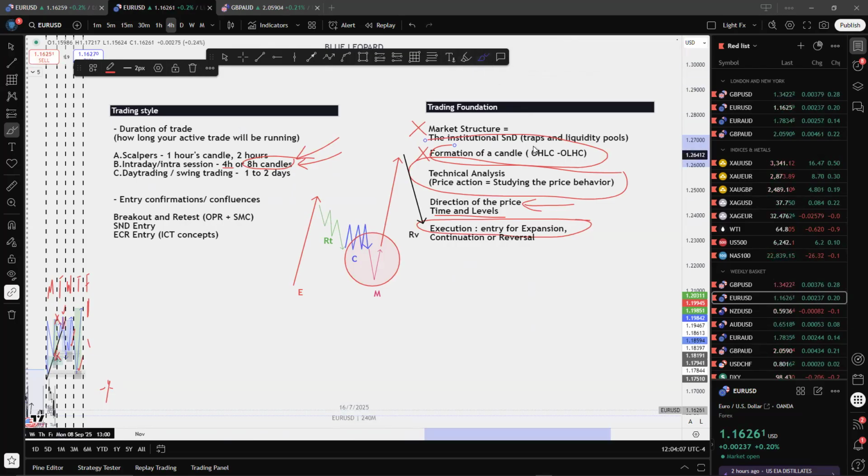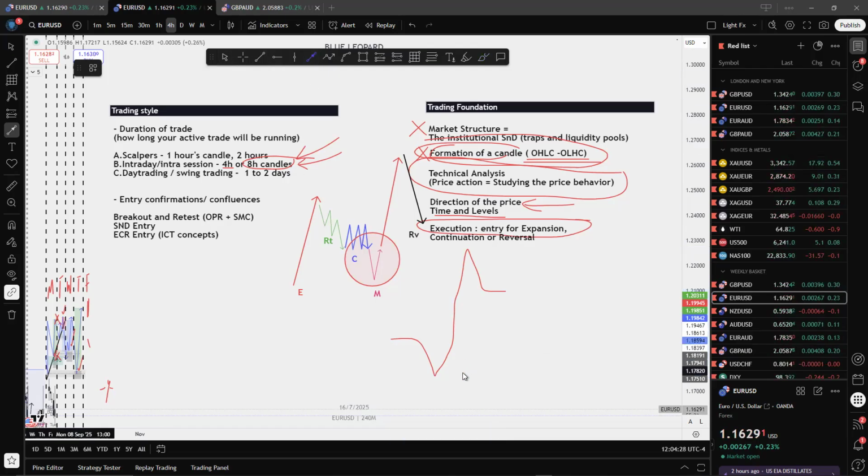now you see what are the key points that we should understand about the formation of a candle. And now there's one thing else you should associate to the formation of the candle. Every candle that opens and then creates a low and then creates a high and then comes and closes, what is the most relevant part of this candle to trade? Is this zone here. And that is the expansion. What happens here?